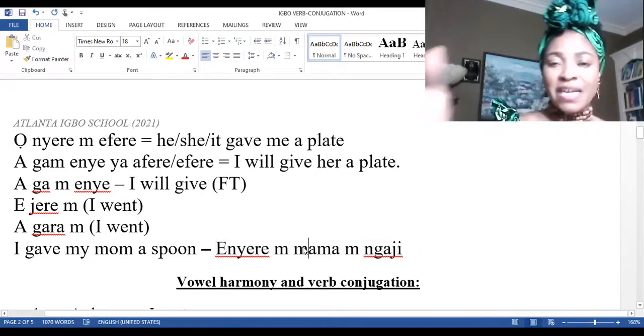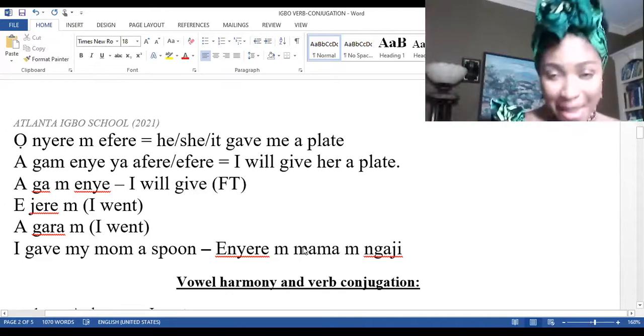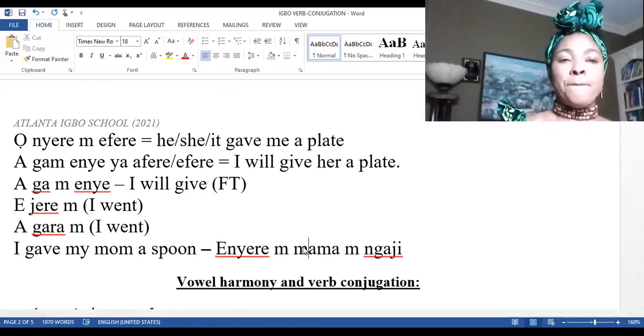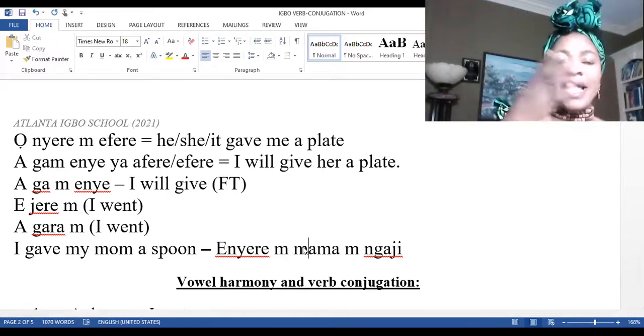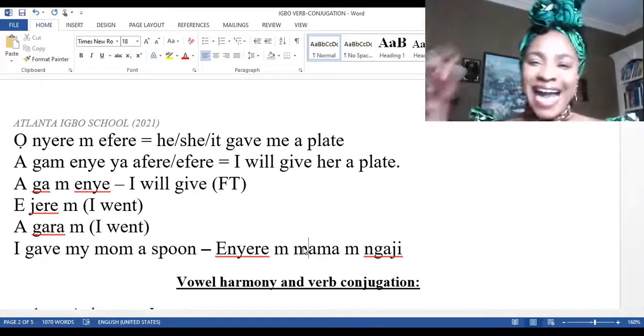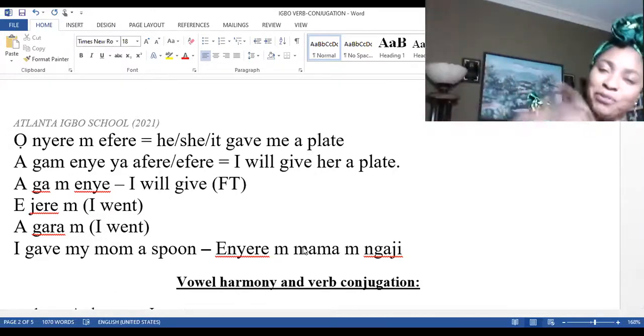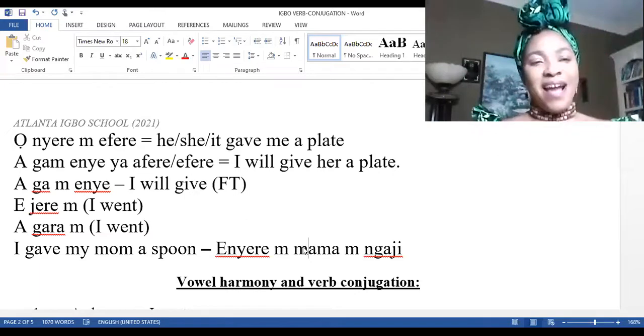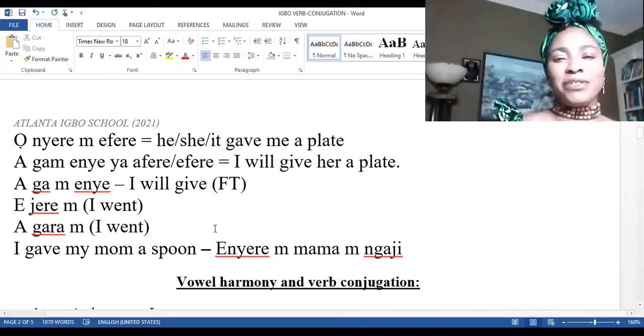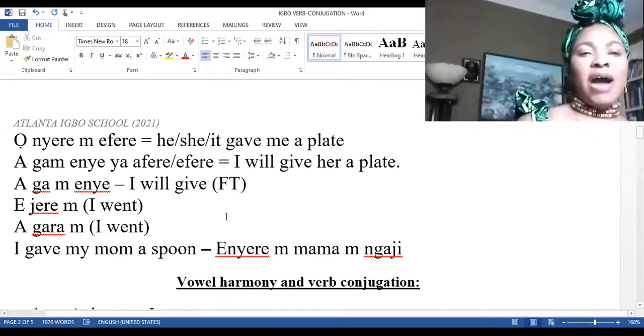I gave my mom a spoon. Ngaji means spoon. All right. So this is how you say things like this, how you put it.